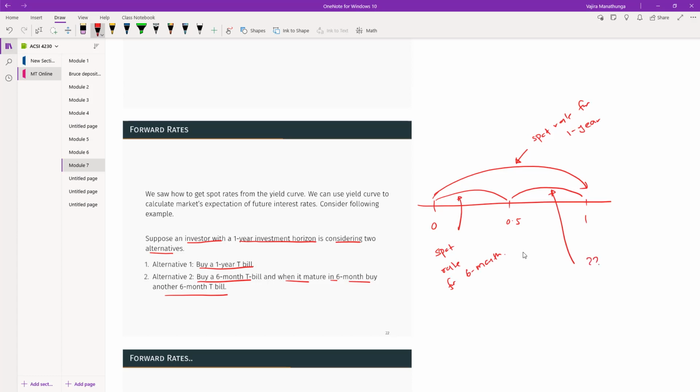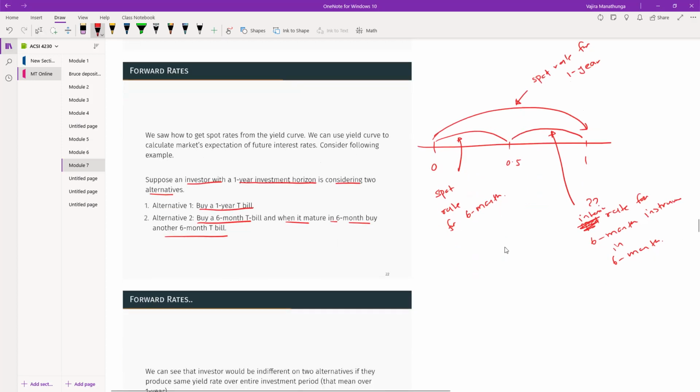This is the spot rate for 6 months. I don't want to use this rate. Let's say it is the interest rate for a 6-month instrument in 6 months. So you won't be able to know it now. It is in 6 months. But you can deduce that rate if you assume the investor is indifferent between these two options.